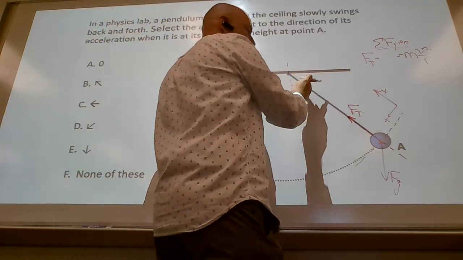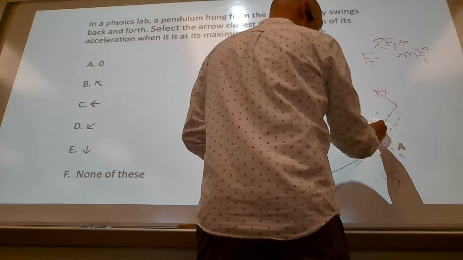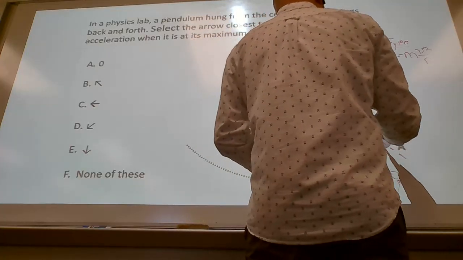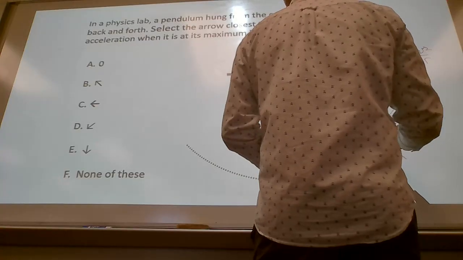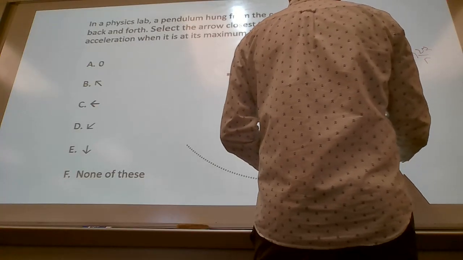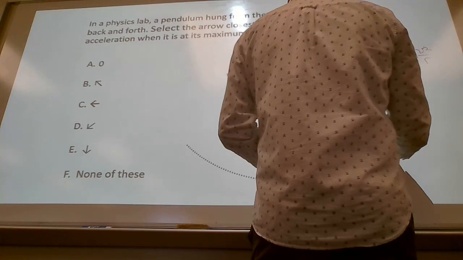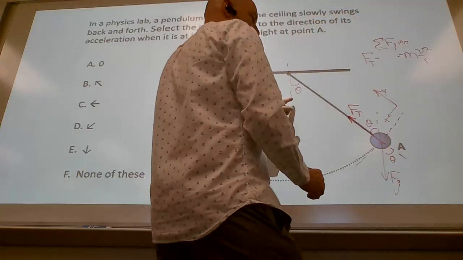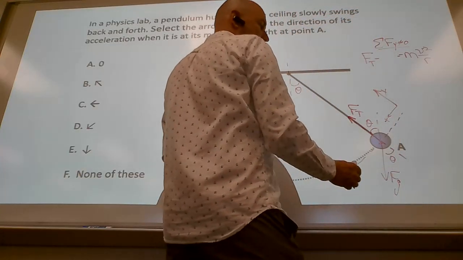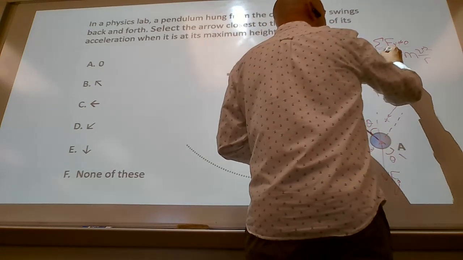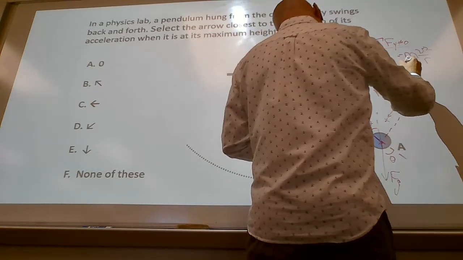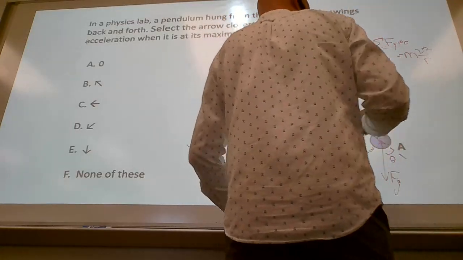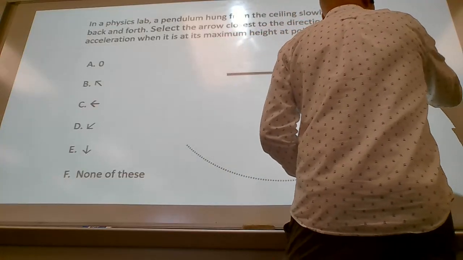So that angle is theta. Parallel lines, alternating interior angles, there you go. So you would do mg cosine theta is equal to that.